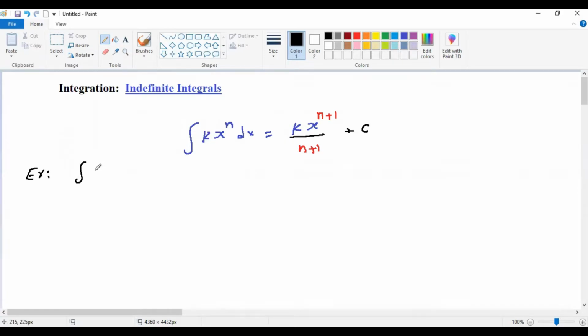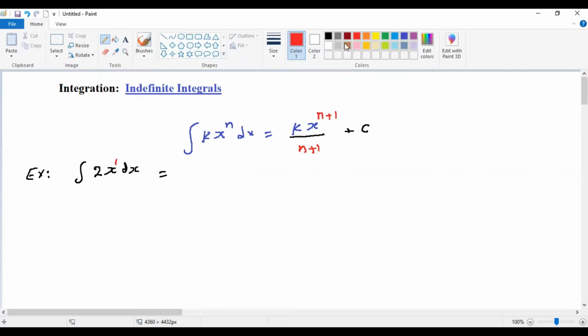Example: if we have the integral of 2x dx, the solution is k is 2, n is 1. Why is n 1? Because there's no number written, it means 1.